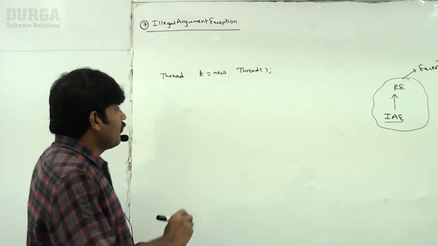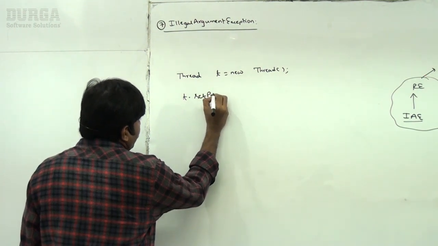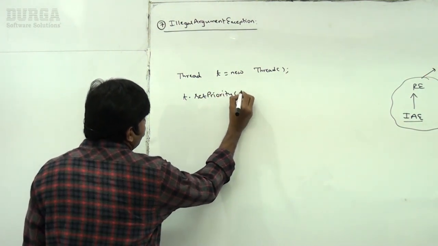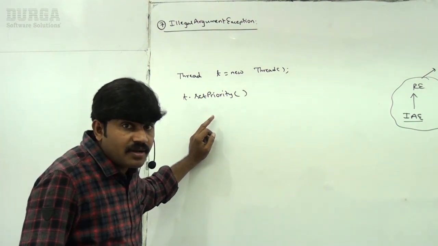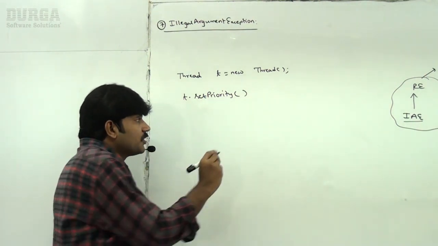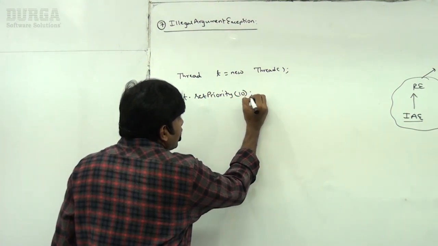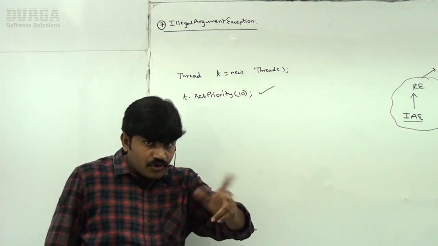Observe that. I want to set a priority. t.setPriority. We are calling which method? The setPriority method. What is the argument, sir? Suppose I am taking 10. Acceptable, because 10 is within the range of 1 to 10.